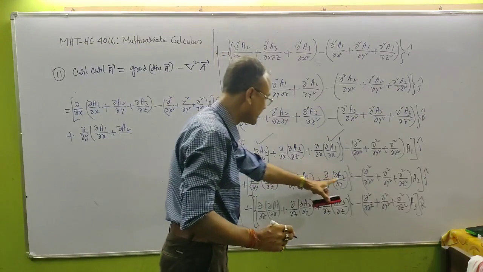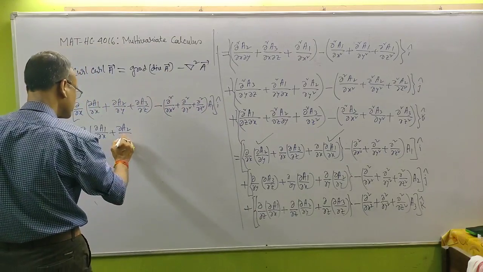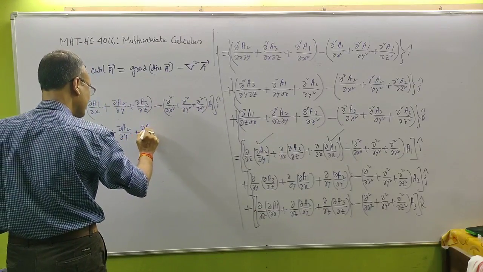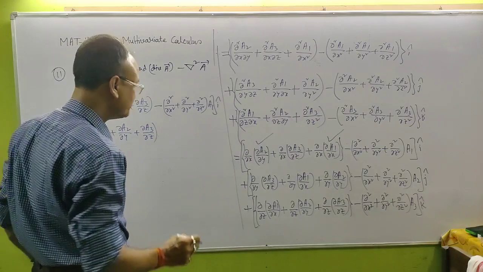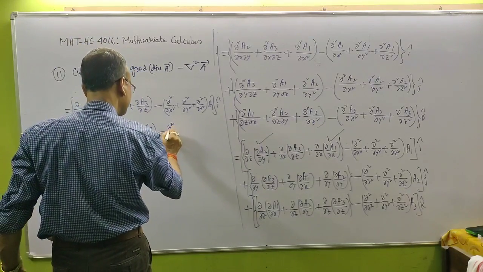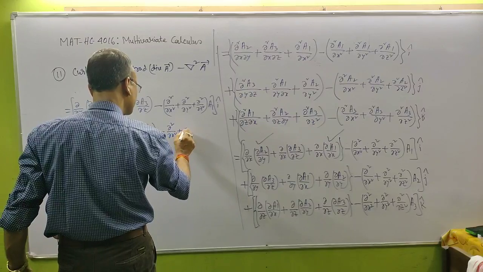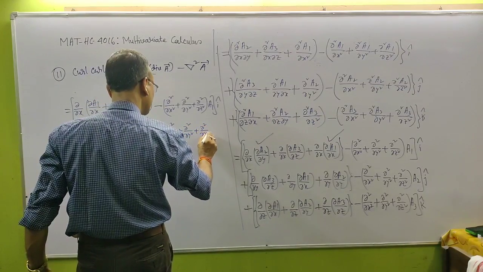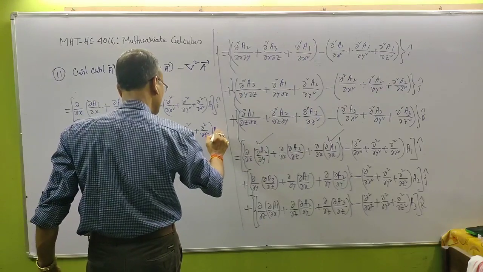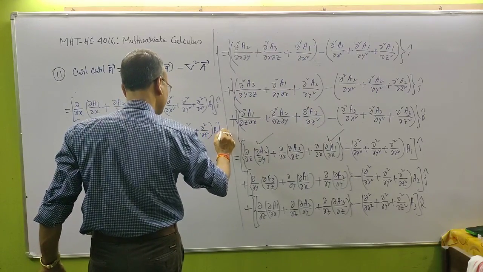Next, del A2 by del y plus del A3 by del z, minus A2, this is j cap.